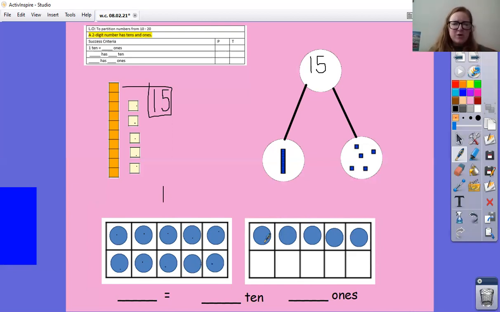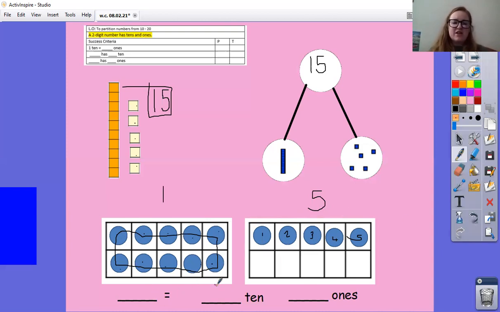How many ones do I have here? I have 1, 2, 3, 4, 5. I have 1 ten and 5 ones. This tens frame is whole, so it makes 1 ten, and this tens frame is not whole, so this is my ones, and it has 5 ones in there.